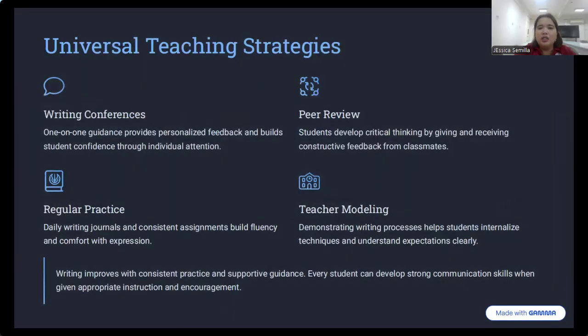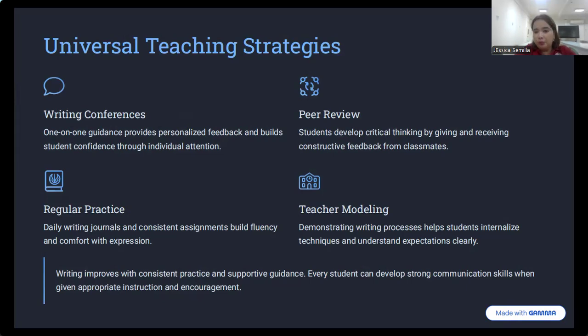All right. So these are the different strategies teachers can utilize, like writing conferences, the regular practice like reading memoirs, diaries, or the teacher modeling wherein the teachers will demonstrate the processes and then the students will internalize the techniques, or the peer review, where students develop critical thinking by asking for revisions coming from their classmates.